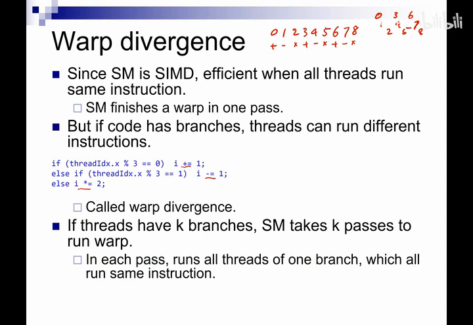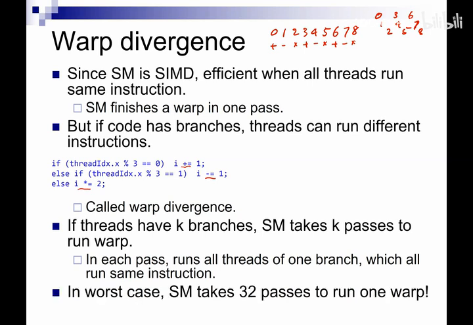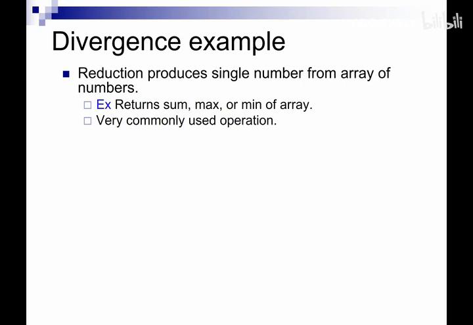This is why you don't want warp divergence. If these threads all did the same thing, it would have taken you 1 pass, and now it's taking you 3 times as much time. In the worst case, all 32 threads are doing completely different things. In that case, it's going to take you 32 passes instead of 1 pass. You'll get a slowdown of 32 times.